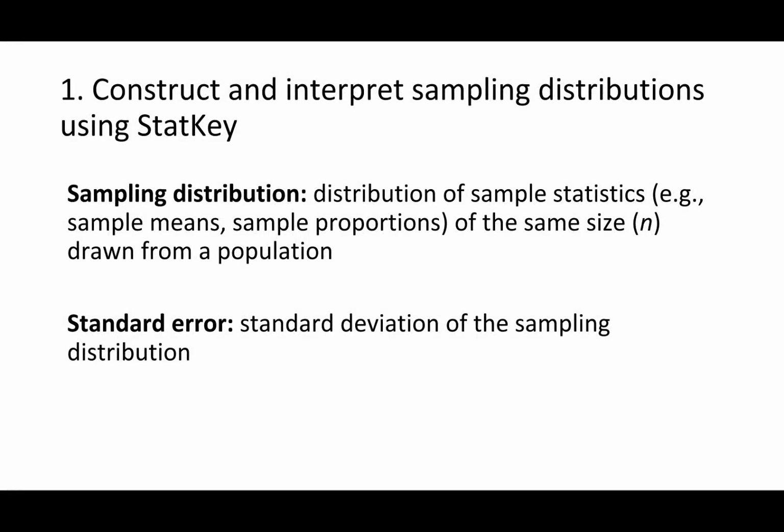The sampling distribution is a distribution of sample statistics, for example, sample means or sample proportions, of the same size, n, drawn from a population. The standard error is the standard deviation of the sampling distribution.